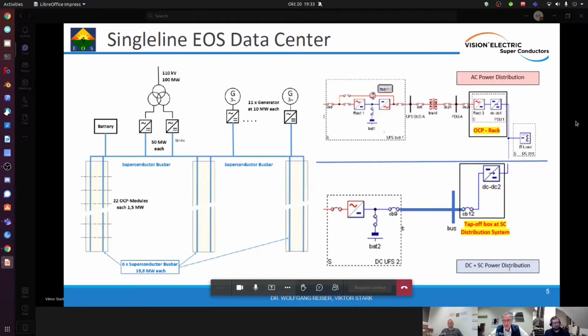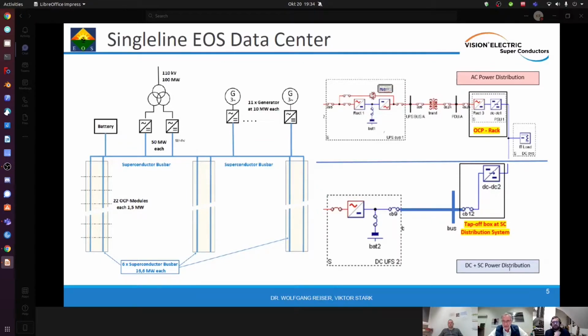And this is the only possibility with conventional material, that you reduce losses by increasing the voltage and reducing the current. And such a transformation with a transformer is only possible with AC. So you need a lot of components.